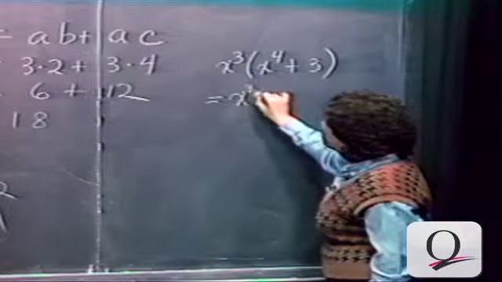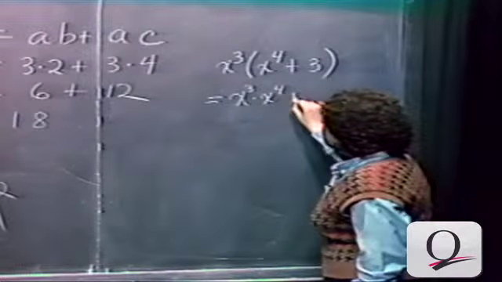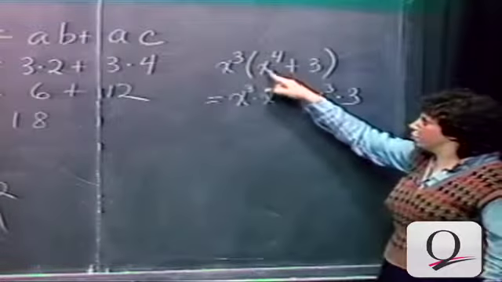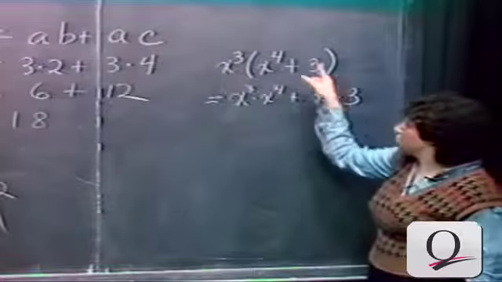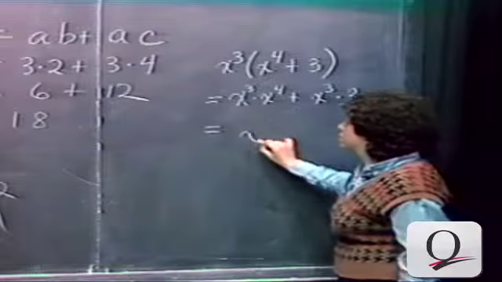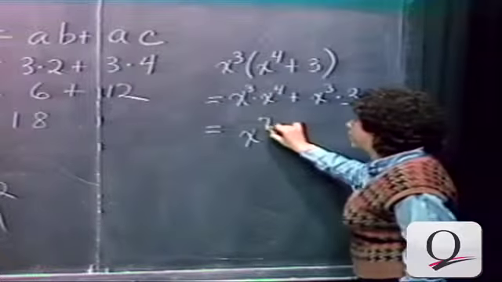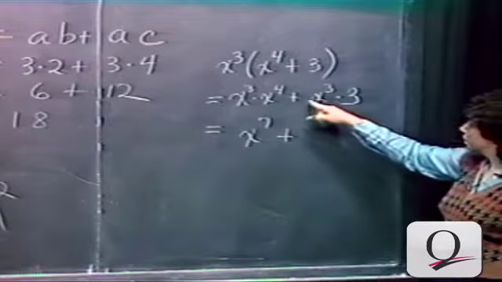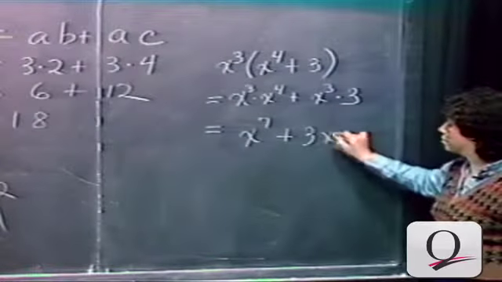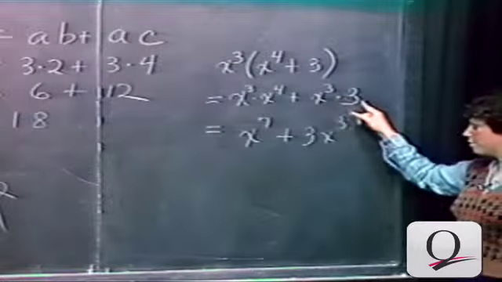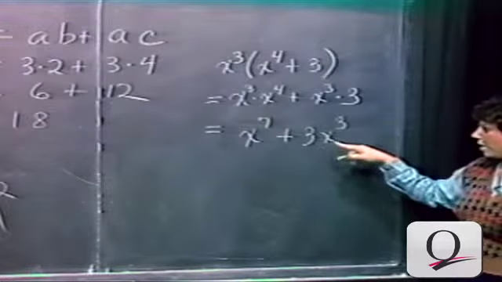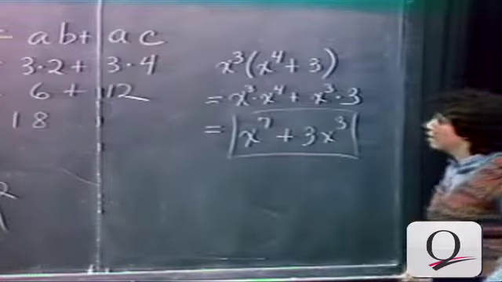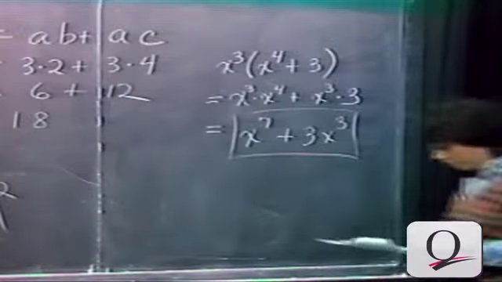So x cubed times x to the 4th plus x cubed times 3, giving us x to the 3 plus 4, or x to the 7th power, plus, writing the numerical constant first, 3x cubed. There's nothing wrong with x cubed times 3, but it's more common to write it as 3x cubed. X to the 7th plus 3x cubed.